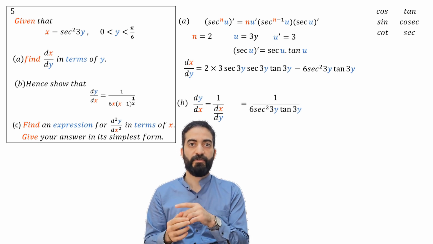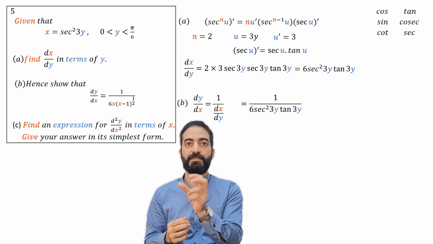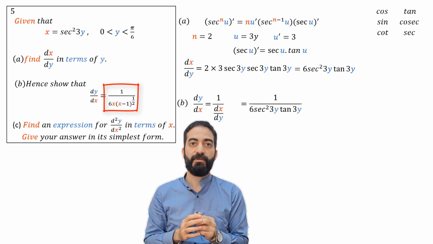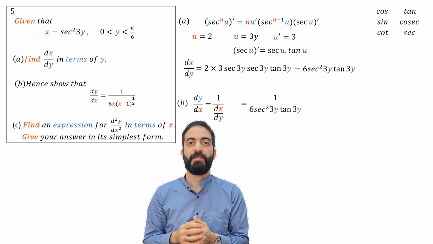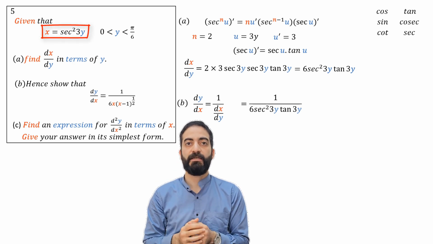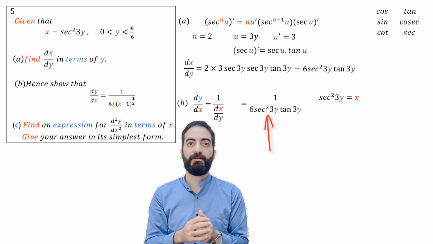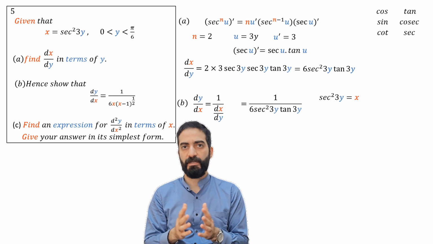Now in the question, he wants us to write the last answer like this, meaning we must have x in the last answer. We can simply use this given that we have here and replace the secant squared 3y. We put x, but this is not enough.